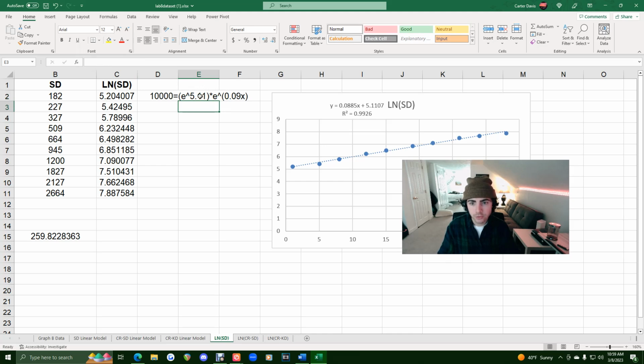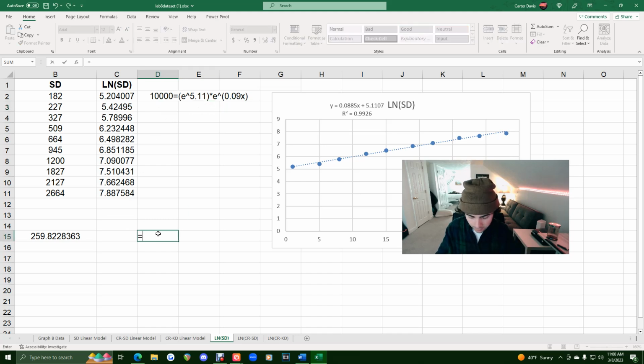What we're gonna have to do is divide by e to the 5.11, take the natural log of that, and then divide by 0.09. All right. Should have got my iPad out for this, but just bear with me. Taking the natural log, 10,000 divided by e to the 5.11. So exp 5.11.